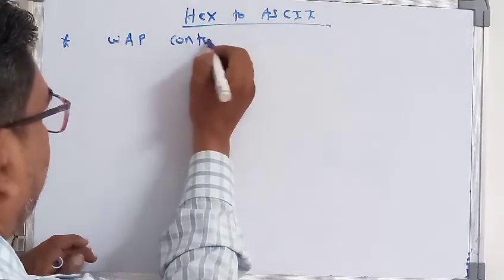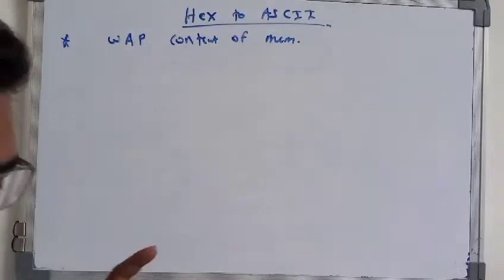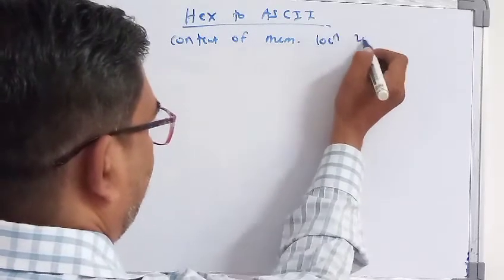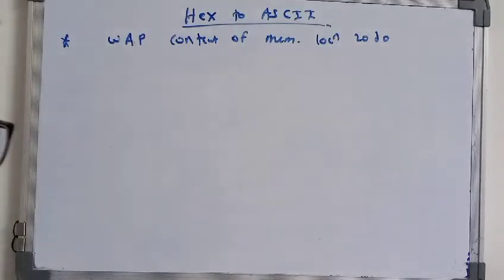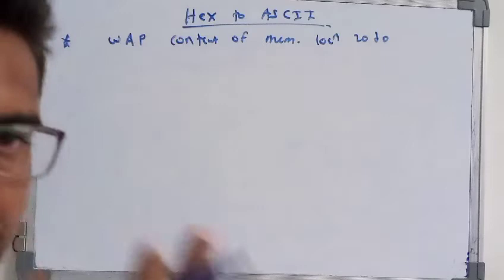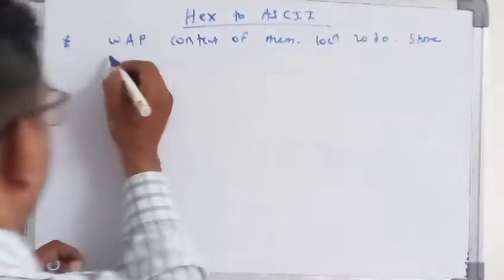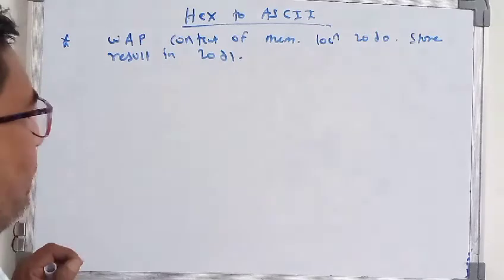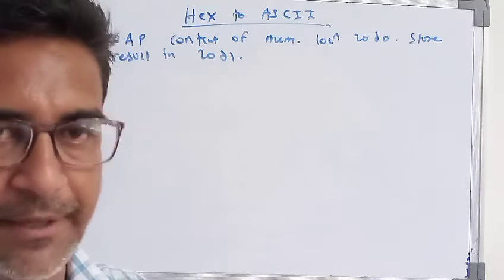The number is present in 20D0, and the result will be stored in another location. Store the result in 20D1.